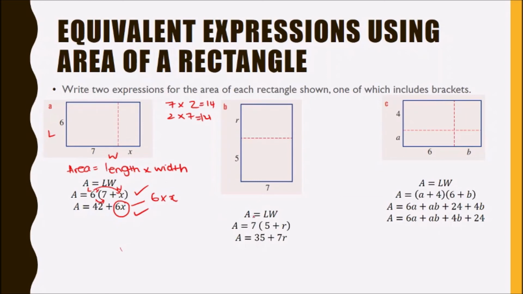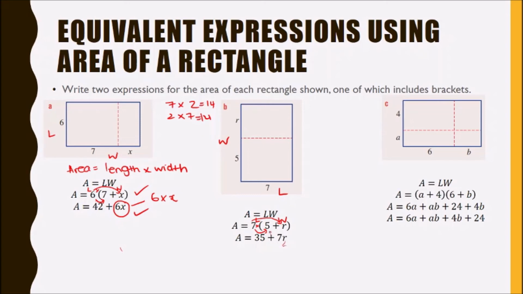So over here, area equals length times width. So we could say this is length, this is width, for example, to multiply. So 7 times 5 is 35, and then 7 times r is 7r.